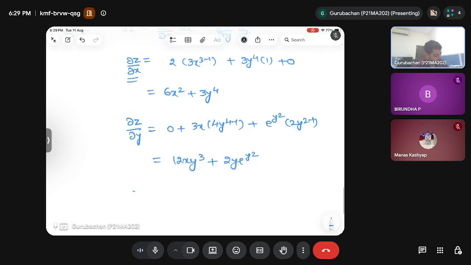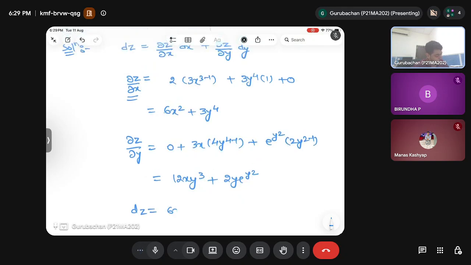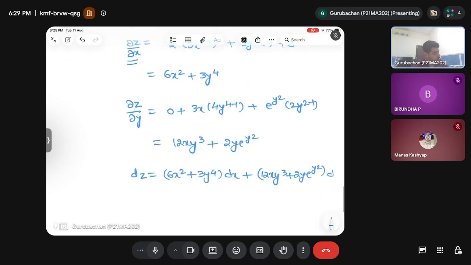So when we substitute these values in dz, we will get 6x square plus 3y to the power 4 dx plus 12xy cube plus 2y e to the power y square dy.